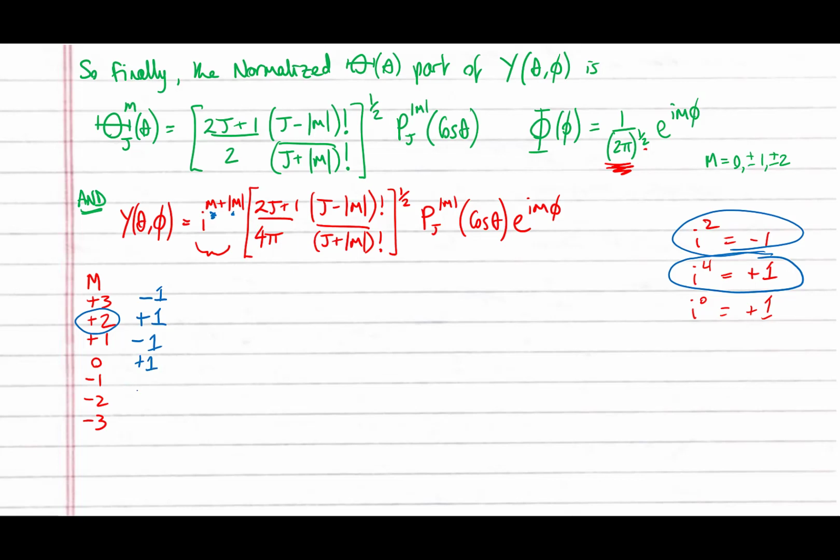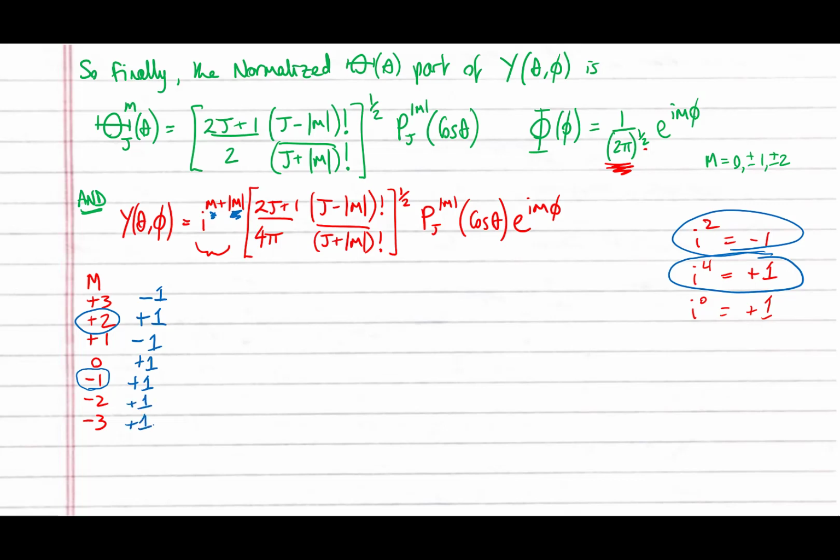And then we're going to find that everything down, because we've got minus 1 plus the magnitude, plus 1, that m term is going to cancel out. We're always going to have i to the 0. So these values are always going to be plus 1, plus 1, plus 1.